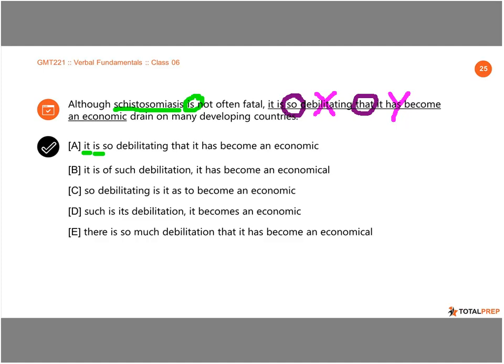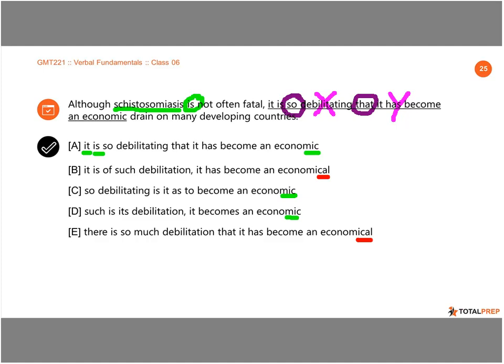Remember when I said to take a look at the beginning and at the end of the alternatives? Here they are testing economic and economical. So just to let you know, people, economic refers to the economy of a country.